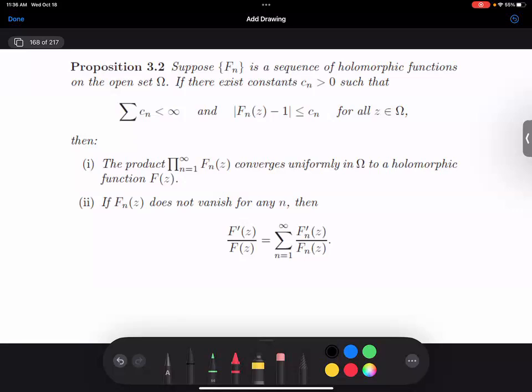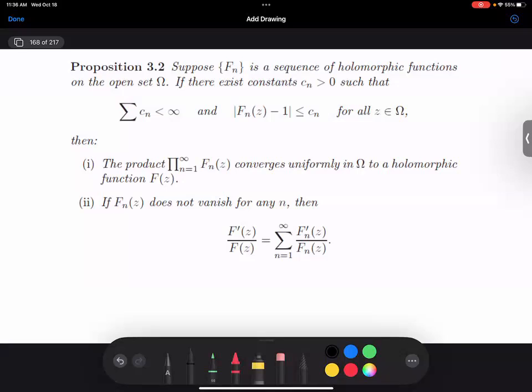What can you tell me about the set omega, given the conditions I've given you? I'm sorry? Yeah, because if omega was all of C, I'm basically saying, oh, look, the difference in absolute value of Fn of z from 1 is at most Cn.